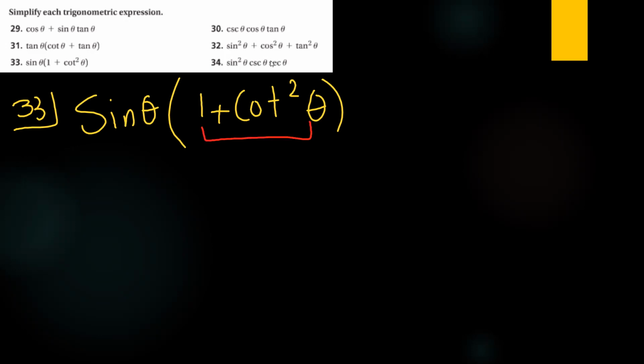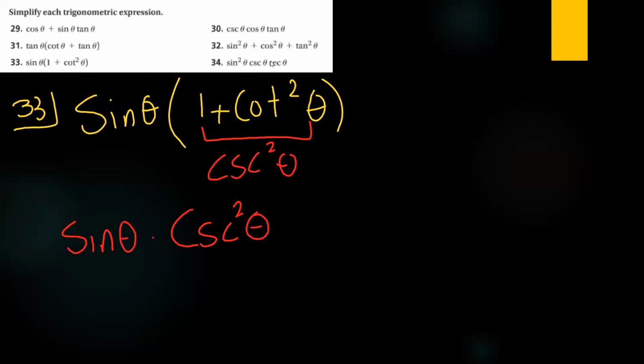Or can we use the first one? As you said, we can distribute sine: sine times 1, then sine times cosine squared, and continue. And we can say that 1 plus cotangent squared is cosecant squared. So, sine of theta times cosecant squared.